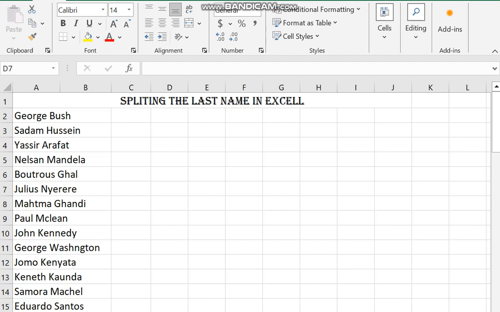Yes, let's now have a chance to discuss the method to split the last name in Excel by using a formula. I know you might know some other manual ways, either the text to column approach or the flash fill approach.